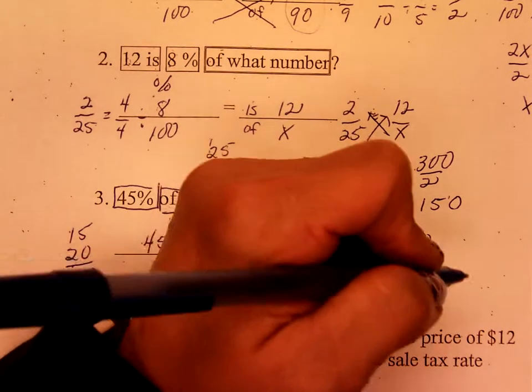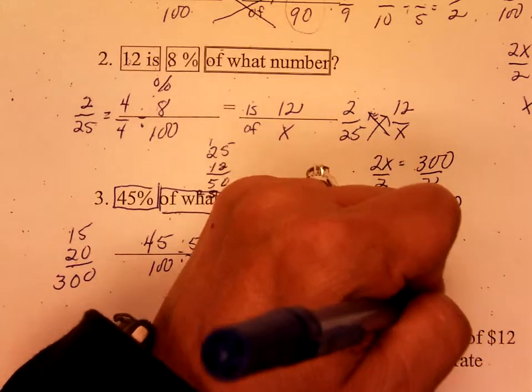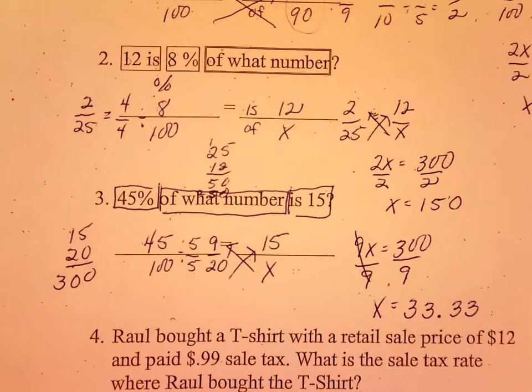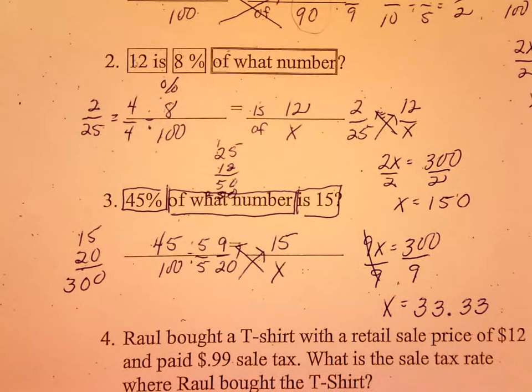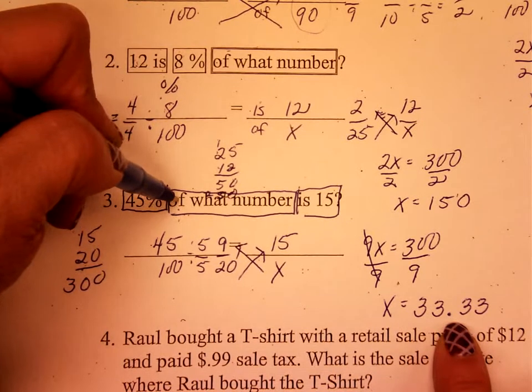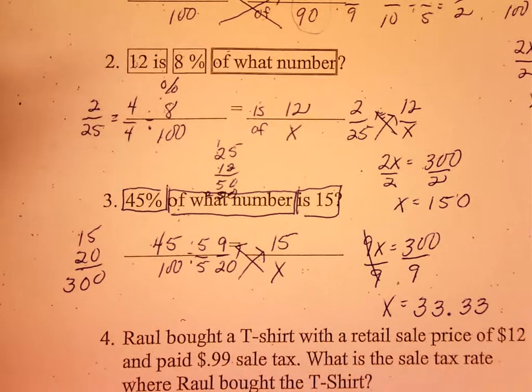You have 3 left over. 9 goes into 30 3 times, and it's going to continue to repeat itself. So it's really 33.33. Don't put percent because it's not asking for what percent. It's just asking for what number. So it's 33.3.